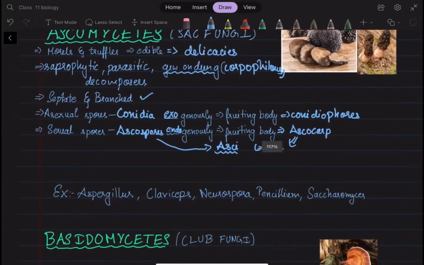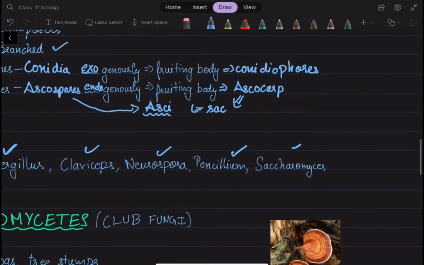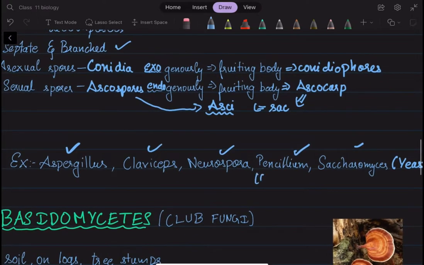So the important examples of ascomycetes: Aspergillus, Claviceps, Neurospora, Penicillium, and Saccharomyces. Saccharomyces, we know, is the scientific name of yeast, and Penicillium is a famous antibiotic.